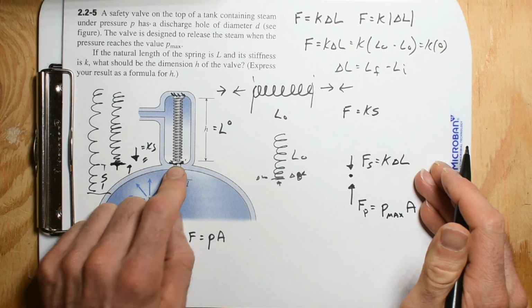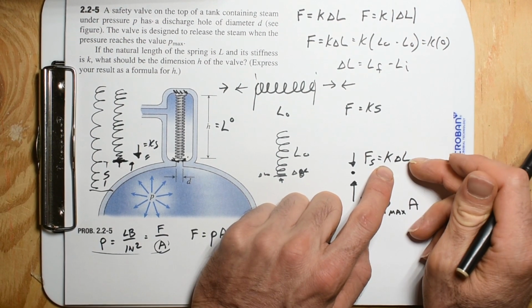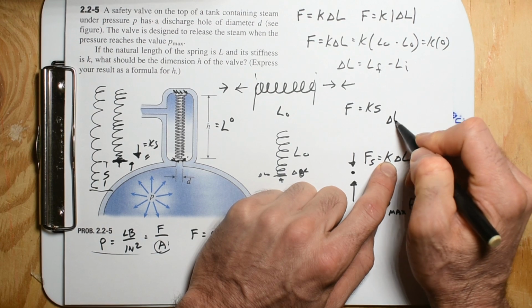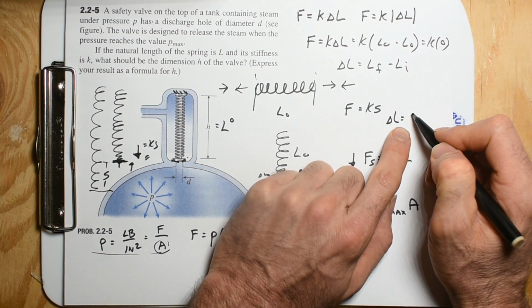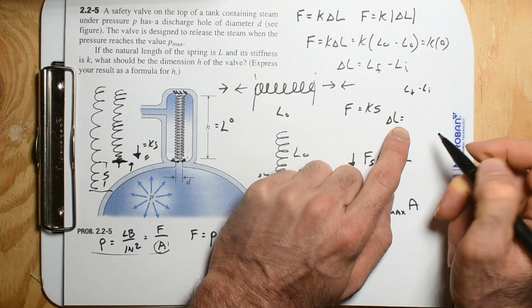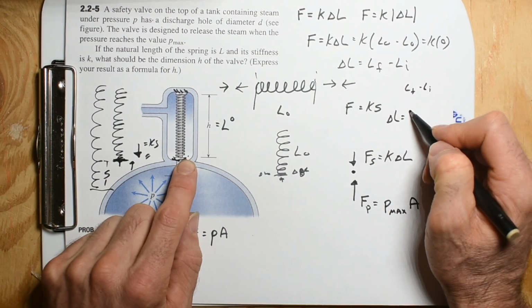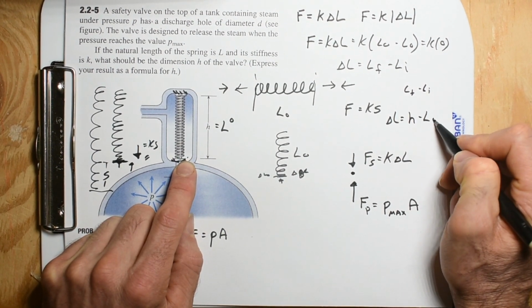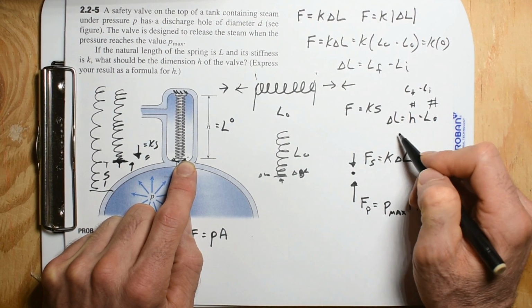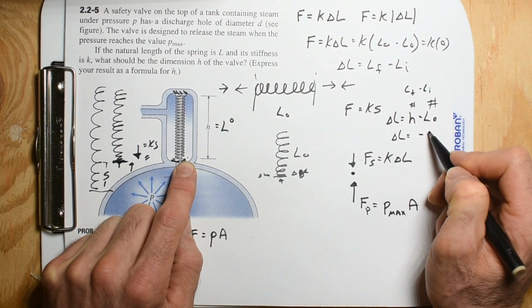But this is where I got messed up, because if I say the change in length of the spring is equal to length final minus length initial, well, length final is this h, and length initial is L naught, and L naught is a bigger number than h. So this change in length will give me a negative number.